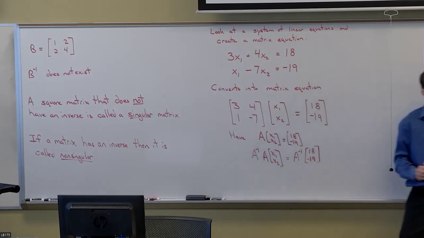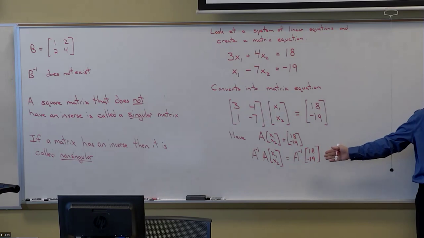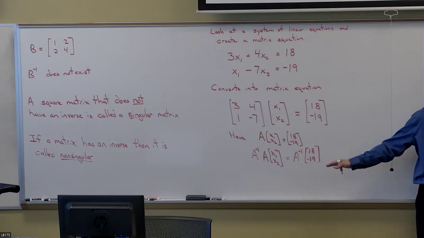Multiplying both sides of an equation doesn't change the solutions, even in matrix equations. It's kind of like multiplying both sides by 2 in a standard equation. As long as the inverse exists, I can do that.